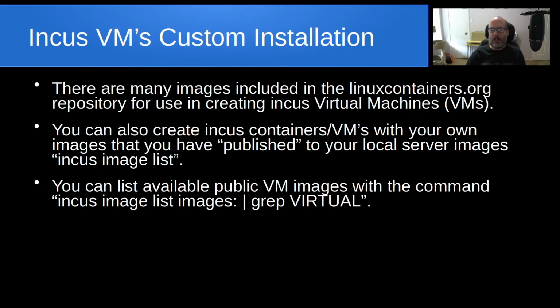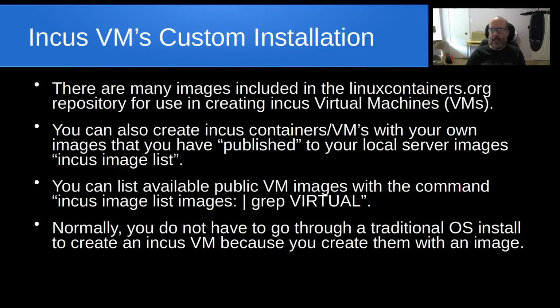So you can list available public VM images with the command incus image list images:, don't forget the colon, and then I pipe that to grep virtual, and that way it only lists the virtual machine images and not the containers, and it's really Incus virtual machines that we want to discuss today.